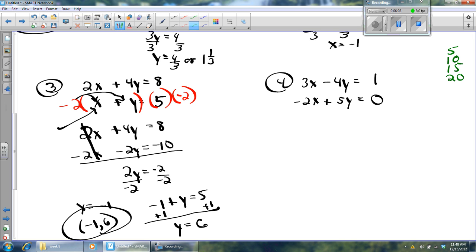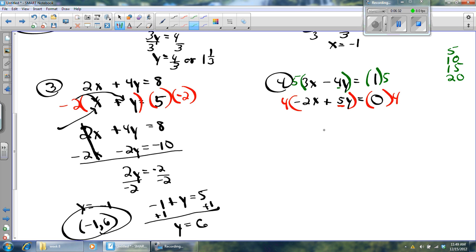Oh, 5 goes into 20, 4 goes into 20. So I'm going to multiply the top equation by 5 because it will turn this into a 20. But the bottom equation, I'm going to multiply by 4 because it'll turn the coefficient on y into 20 as well.